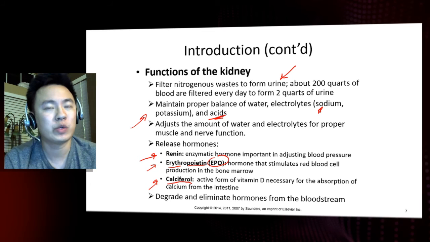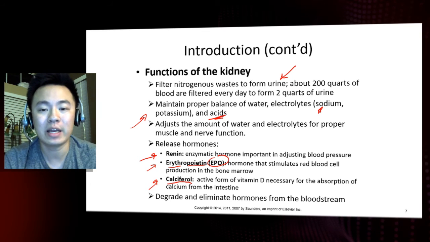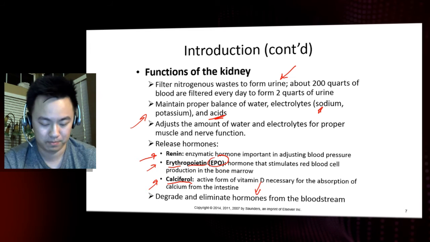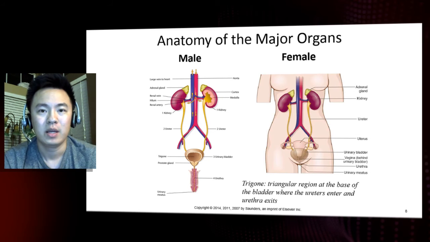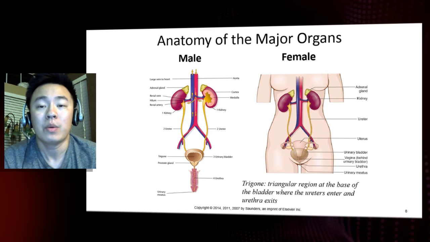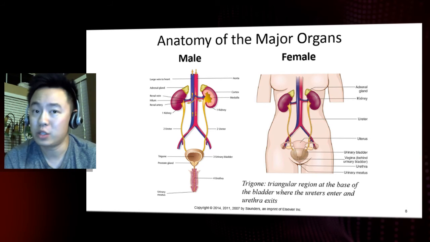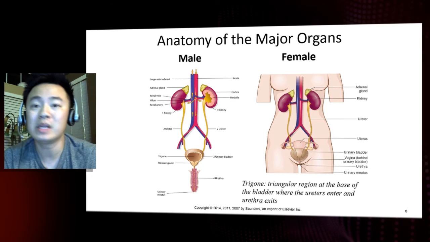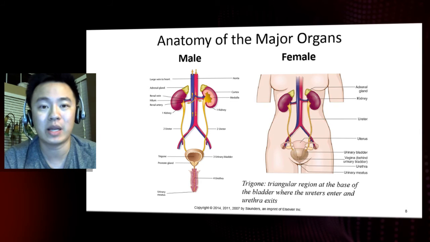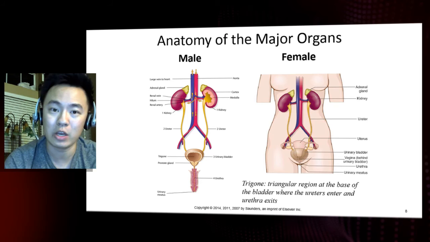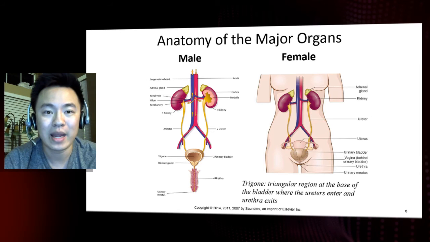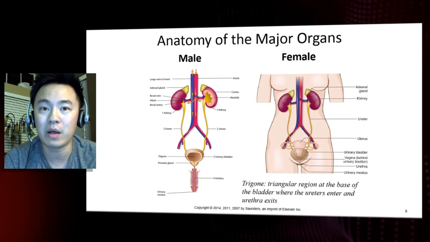Your kidney is also responsible for degrading and eliminating different hormones from your bloodstream. Now, the anatomy of the different major organs. The urinary system between men and women is very similar, but there are some slight differences. For example, let's look here on the right-hand side. The right-hand side here consists of the anatomy of the male urinary system.